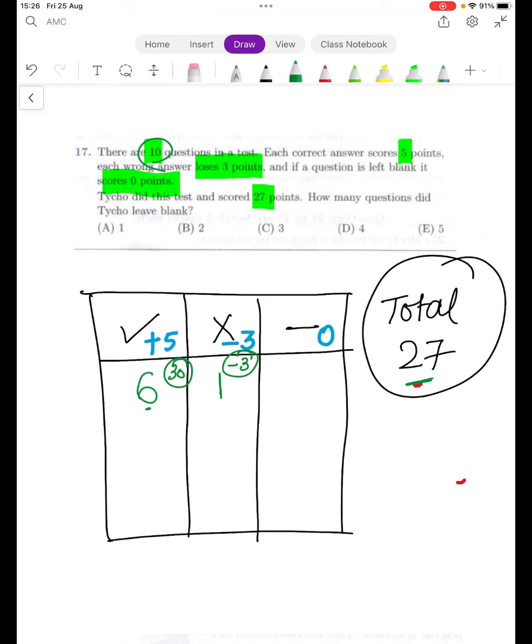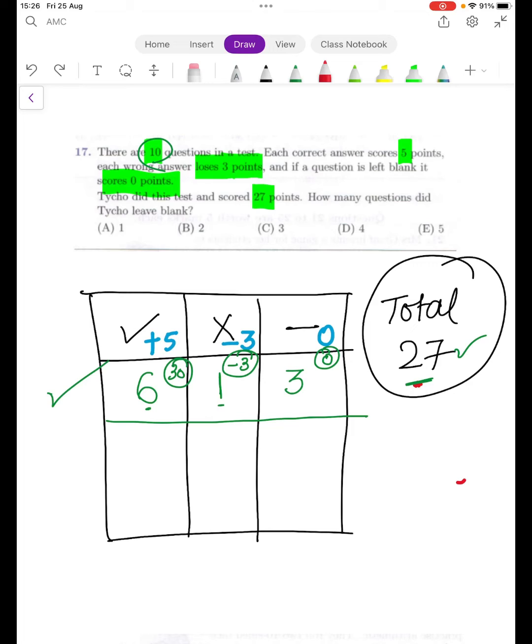Because we have 10 questions in total, and these are 6 questions here, 7 questions here, he must have left 3 questions blank to get 0 marks, and this will add to 27. Our first try actually yielded a result. So this is our correct answer: he attempted 6 correct questions, one question he got wrong, and he left 3 questions unattempted.